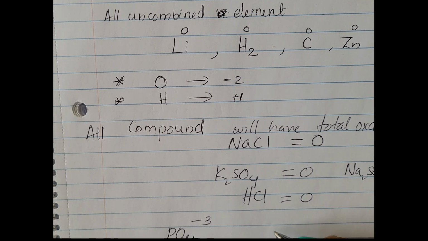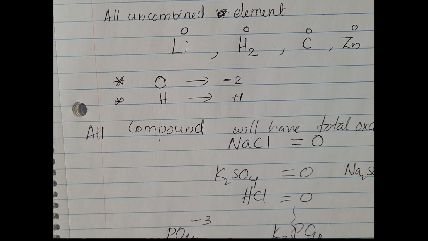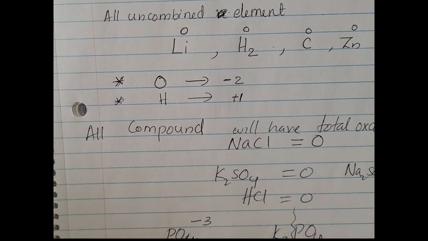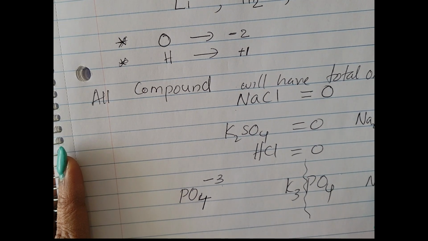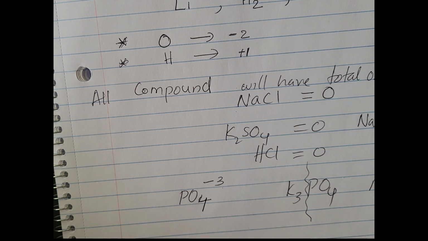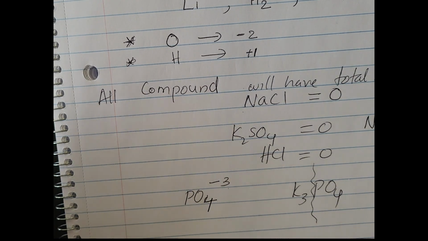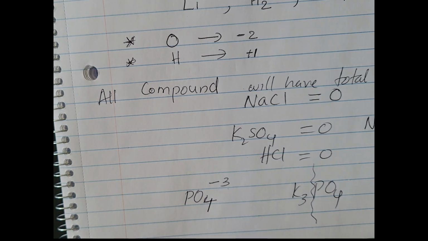Say for example, in K3PO4, we know that PO4 is only half of a compound. That is not 0. It has a charge. Whatever the charge it is, you have to assign that charge. Say for example, if it is nitrate, charge will be -1. If it is carbonate, charge will be what? -2. Okay.